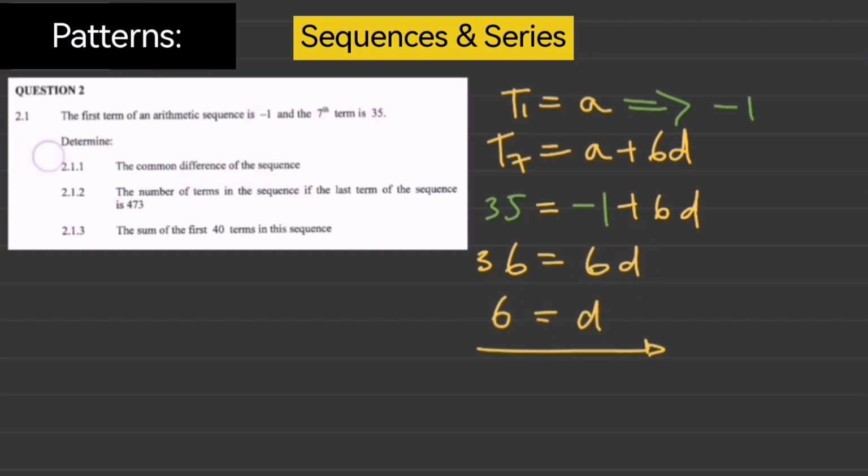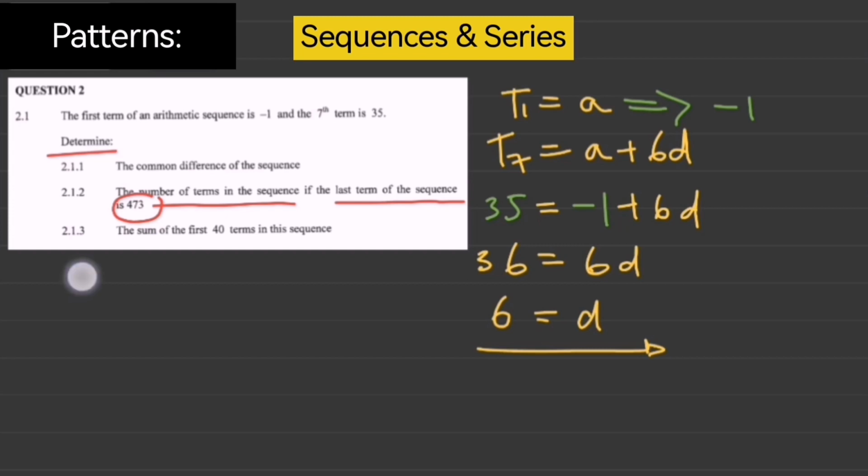Now for question 2, determine the number of terms in the sequence if the last term of the sequence is 473. Right, if they give us the value of the last term of the sequence, you can use that to find the position of the last term of the sequence. If you have the position of the last term, you then know exactly how many terms there are in the sequence.